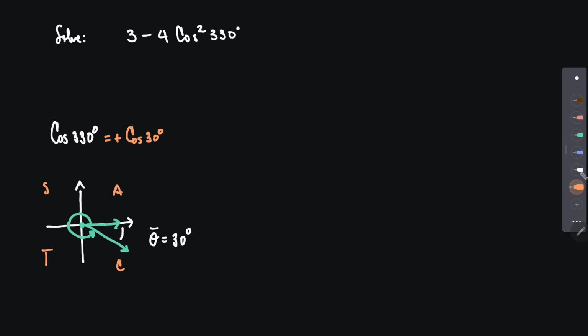Okay, so if it's 30 degrees, we know that we need to analyze our problem on our 30, 90, 60 degree triangle. And here we have 1, 2, and the square root of 3. For cosine, we know that our trigonometric ratio is equal to adjacent over hypotenuse. In this case, if this is 30 degrees, our adjacent is going to be the square root of 3.